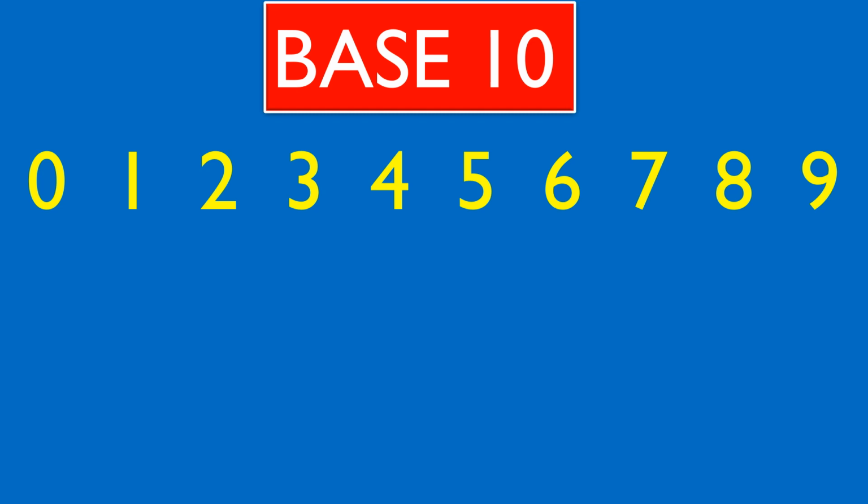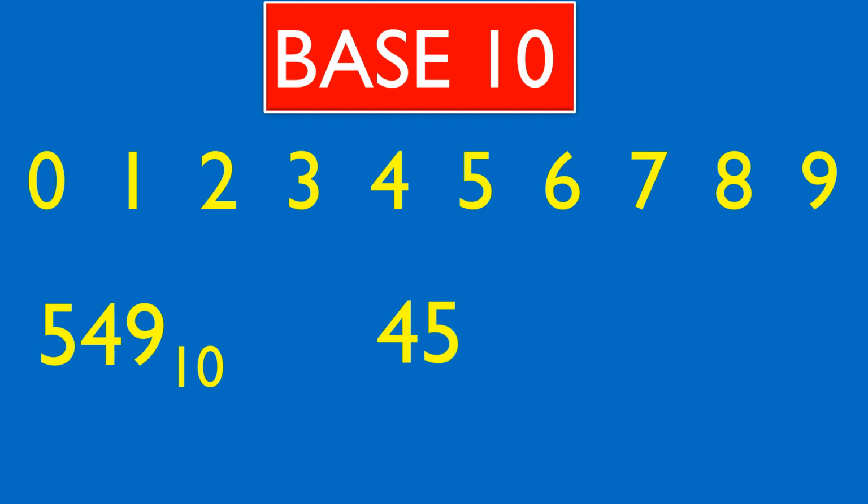You will notice that in the base 10 system, for instance, you have 549. None of the individual components of this number is actually 10. If you look at 45, also in base 10, none of these individual numbers or components is actually a 10.